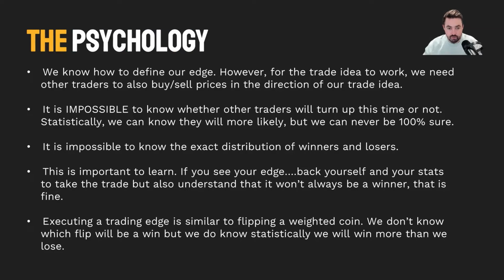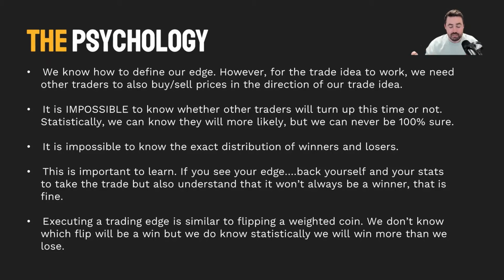However, and this is very important, it is impossible to know whether other traders are even going to turn up this time. Statistically, we can know that our trade idea is more likely to win, that's our edge, but we can never be 100% sure. It is completely impossible to know the exact distribution of our winners and losers and when they're going to happen. So this is really important for us to learn.